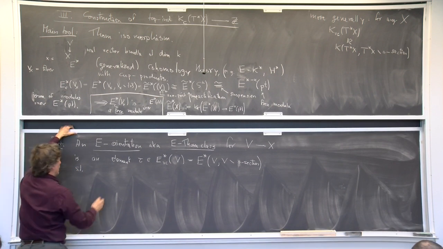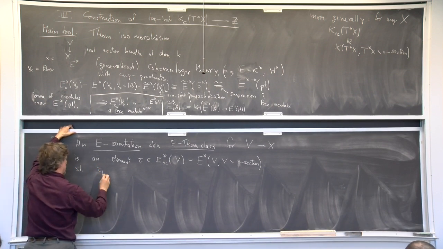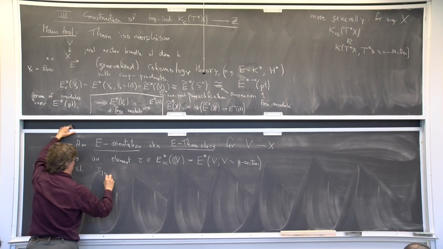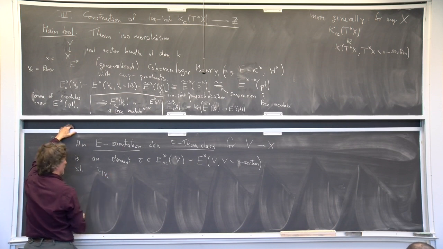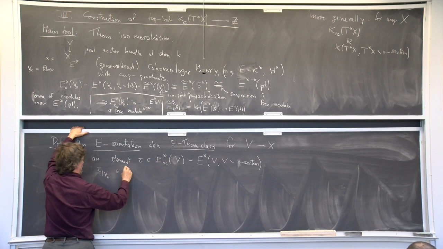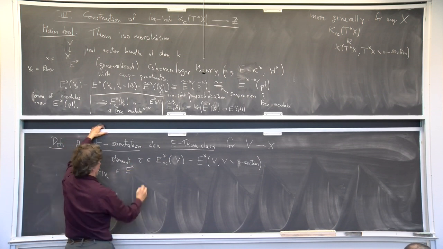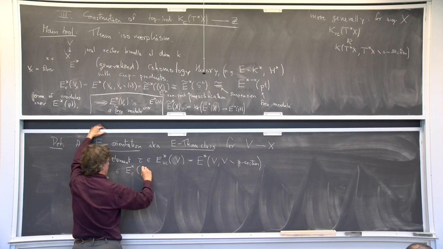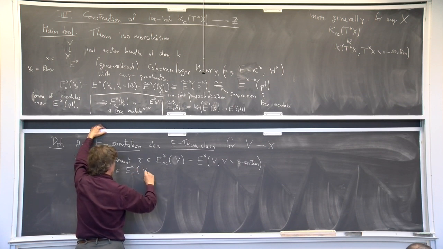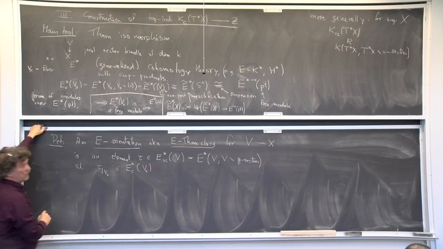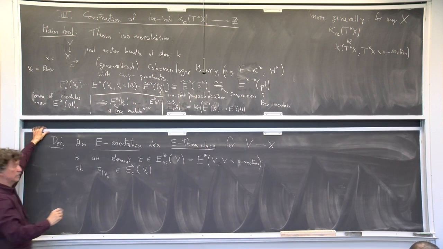Such that if I restrict this element to the fiber over any point x, this one here is then an element in the E-cohomology of this compact support of the fiber. And this should be a generator of this module.